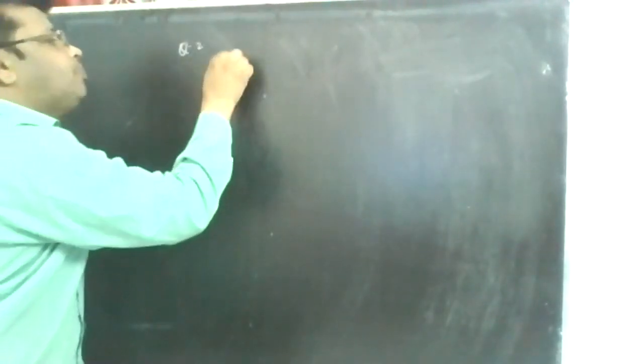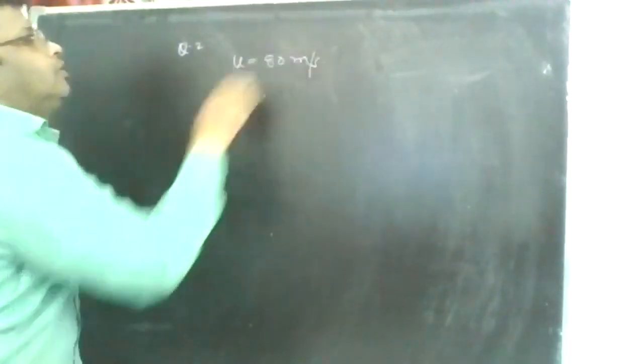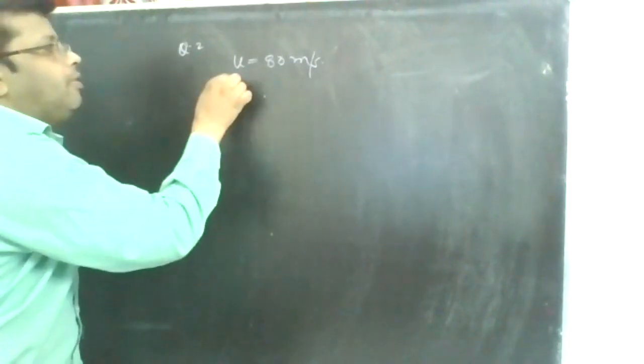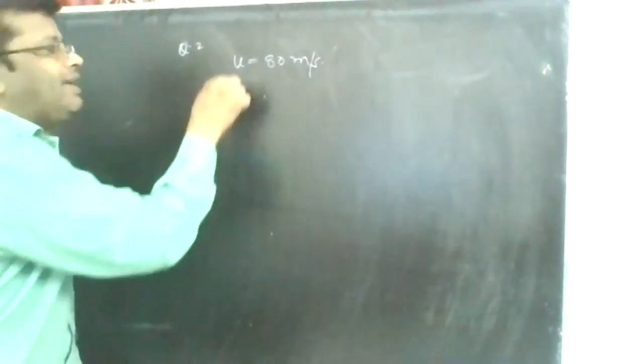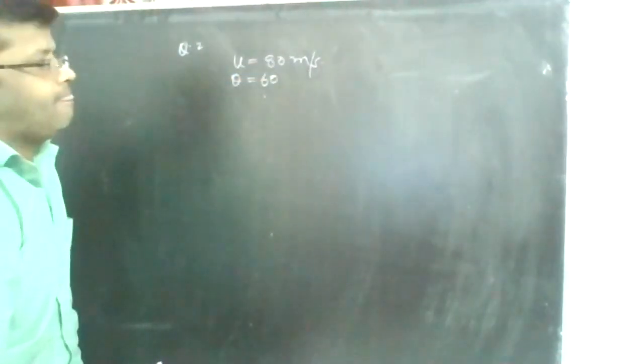Now the next problem. Question number 2. It is given that a body is projected with initial velocity 80 meter per second, making an angle theta of 60 degree with the horizontal.